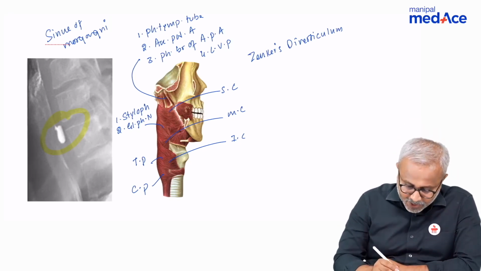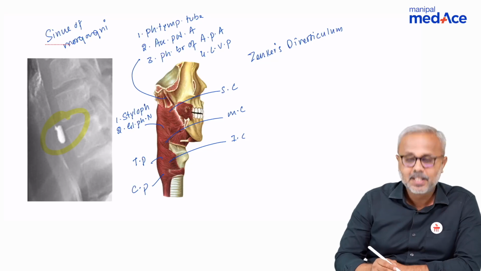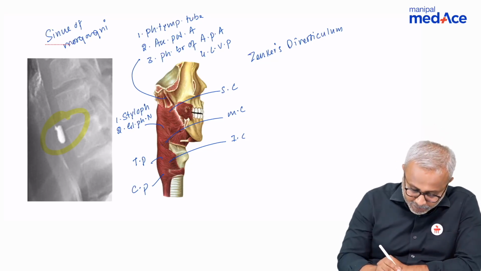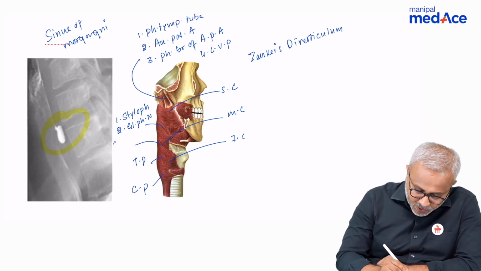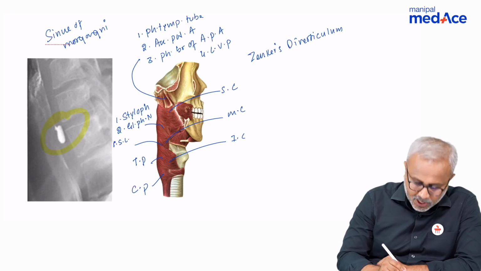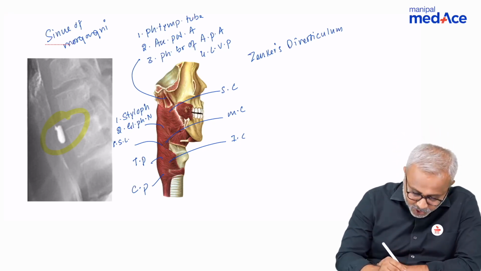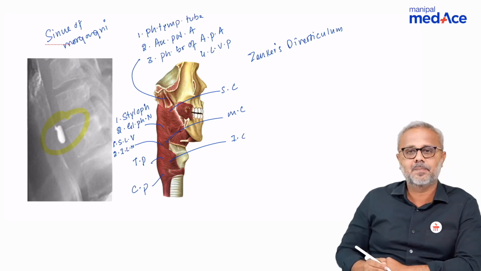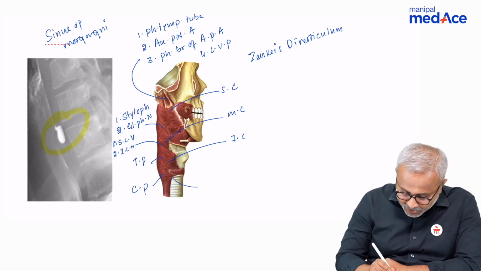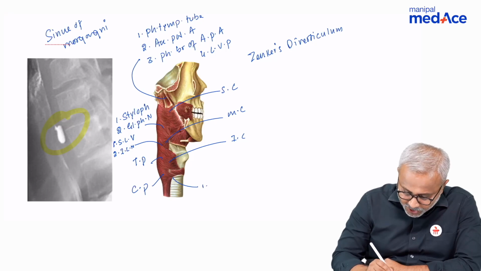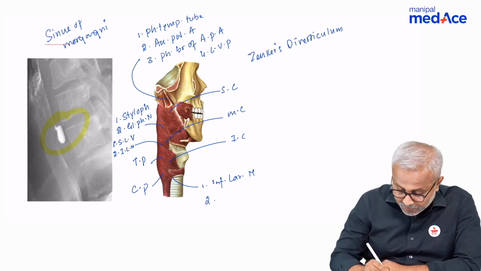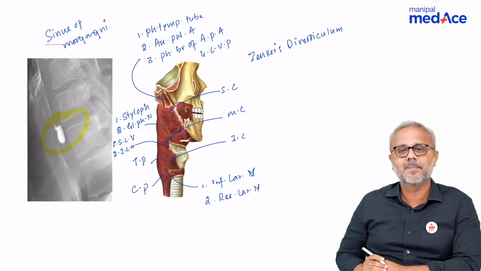Then between the middle constrictor and the inferior constrictor, in this space we have the passage of the superior laryngeal vessels and internal laryngeal nerve. Then the space beneath the inferior constrictor, we have the passage of the inferior laryngeal vessels and recurrent laryngeal nerve.